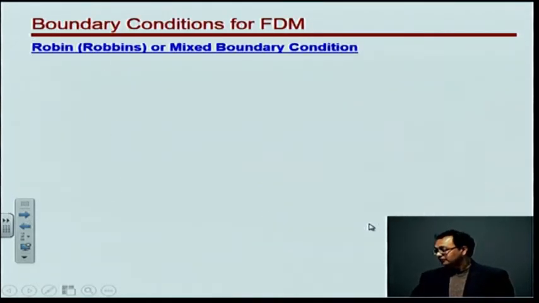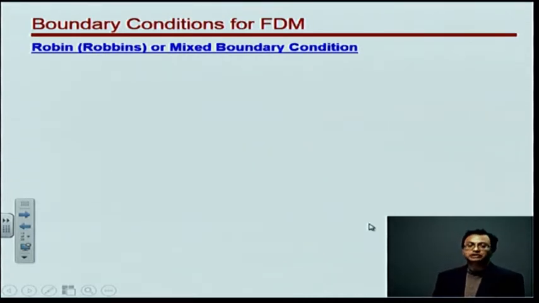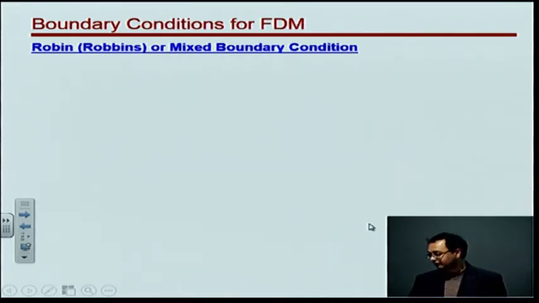All right. Third kind of boundary condition. This is called a Robin boundary condition. It was formulated by a mathematician named Gustav Robin. Sometimes in the literature it's referred to as Robin's boundary condition. I don't know why, but those names are used interchangeably. In the physical modeling community it is also known as a mixed boundary condition.